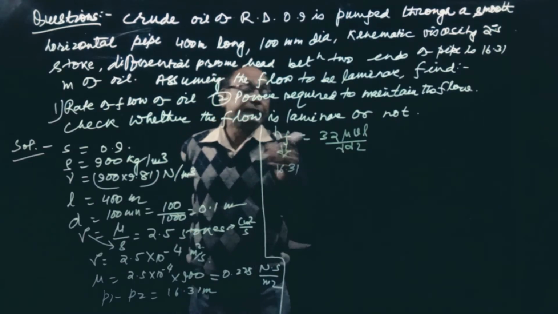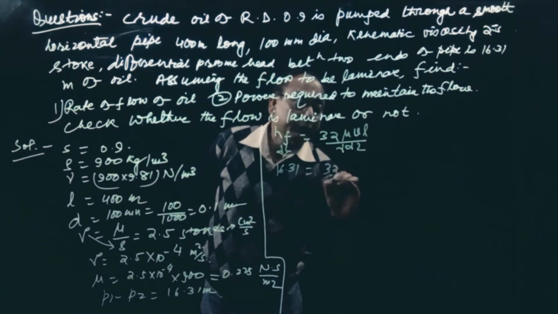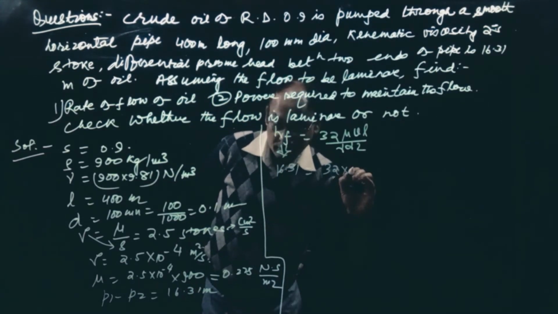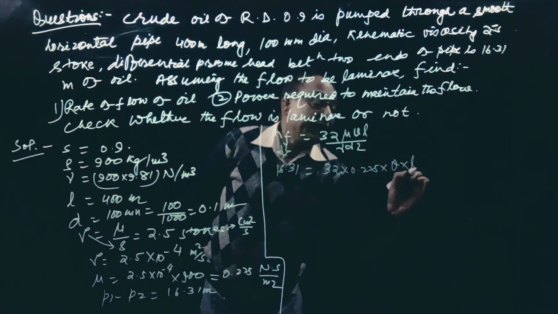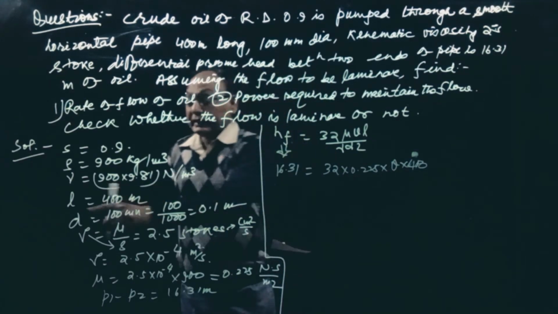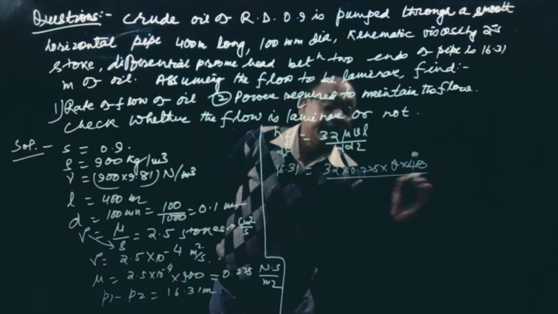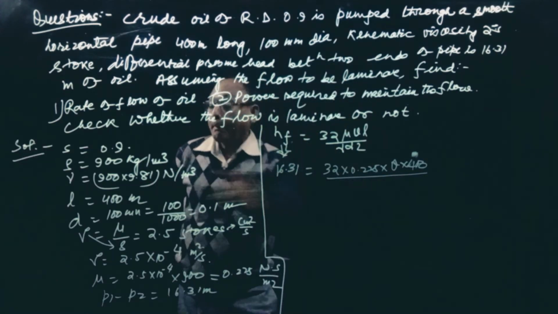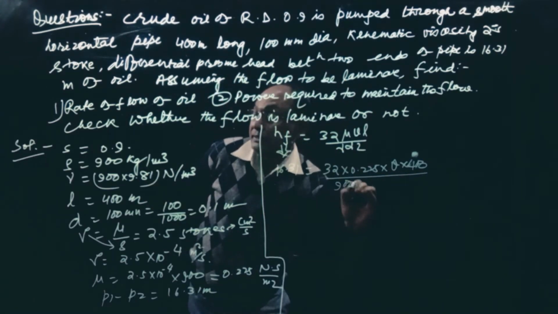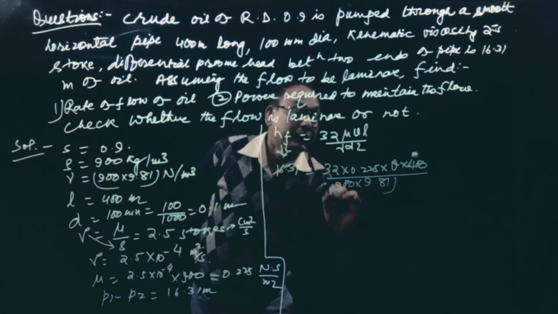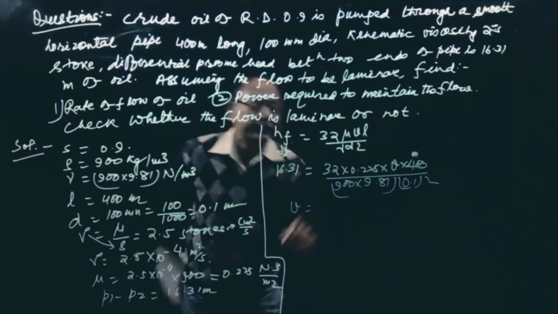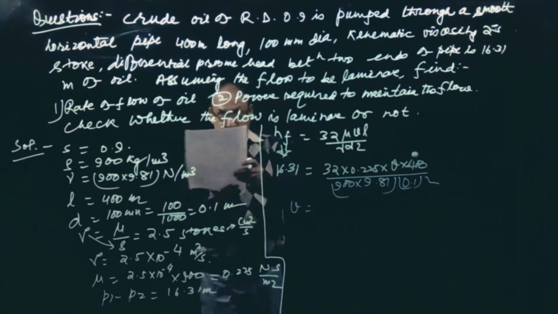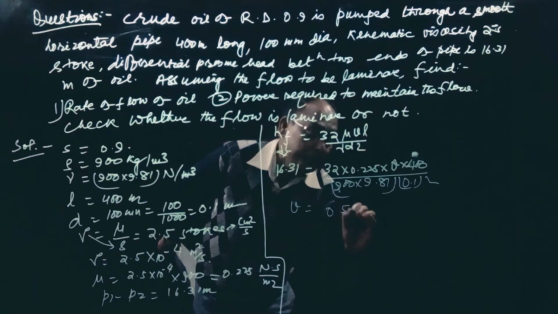Head loss is given already, 16.31 meter. So 32 into mu, 0.225, into V, velocity is not given, into L, which is 400 meter, divided by gamma, that is 900 into 9.81, into d square, 0.1 whole square. From here we can find out velocity, and from this equation we will get 0.5 meter per second.